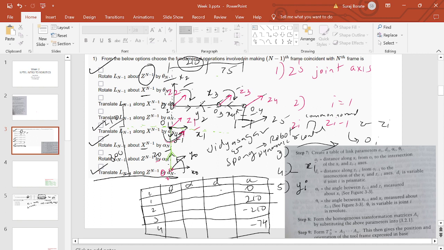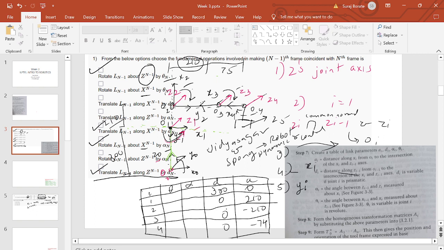Similarly, d will be the distance along z, so this is 300, and then you will have zeros everywhere, because along the z axis there are no distances.